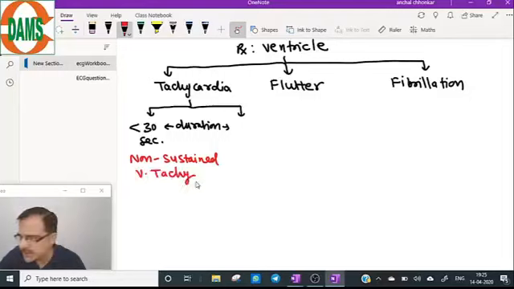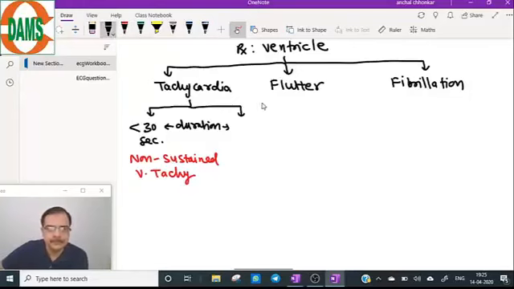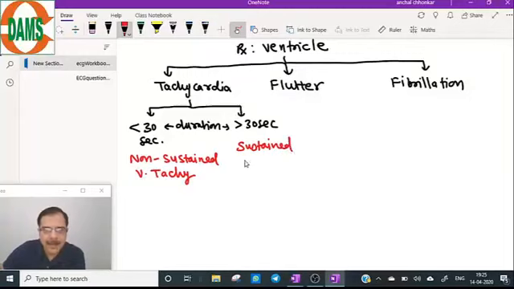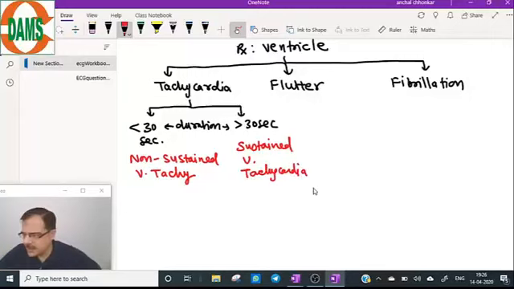Or if the duration is more than 30 seconds, this is known as sustained ventricle tachycardia.